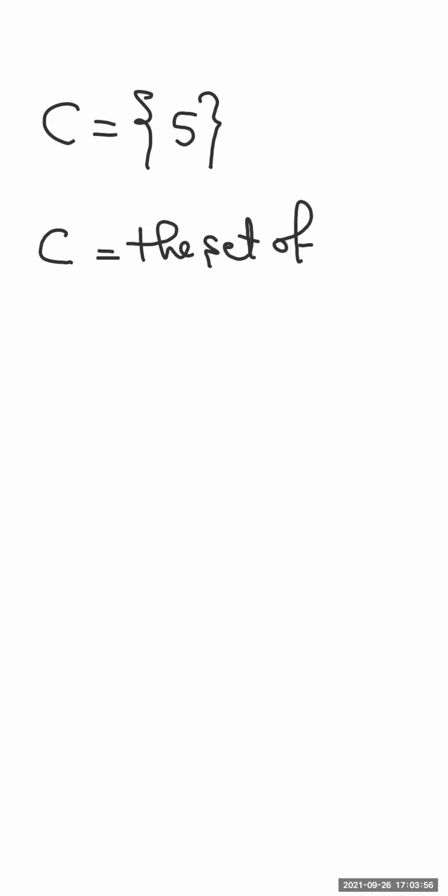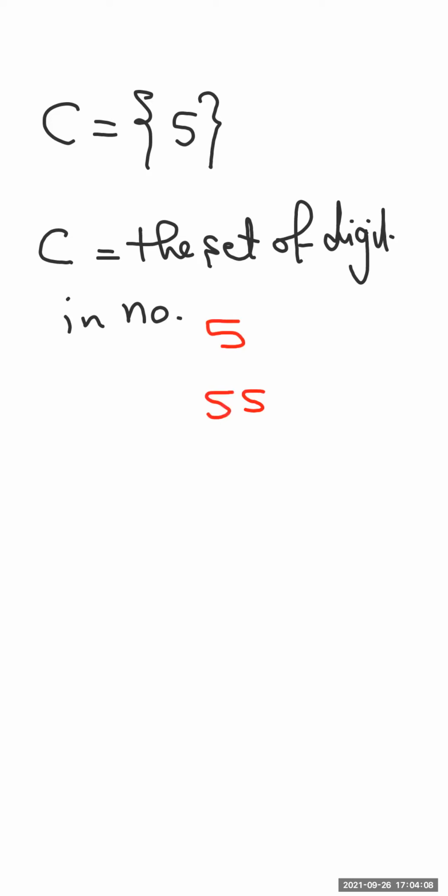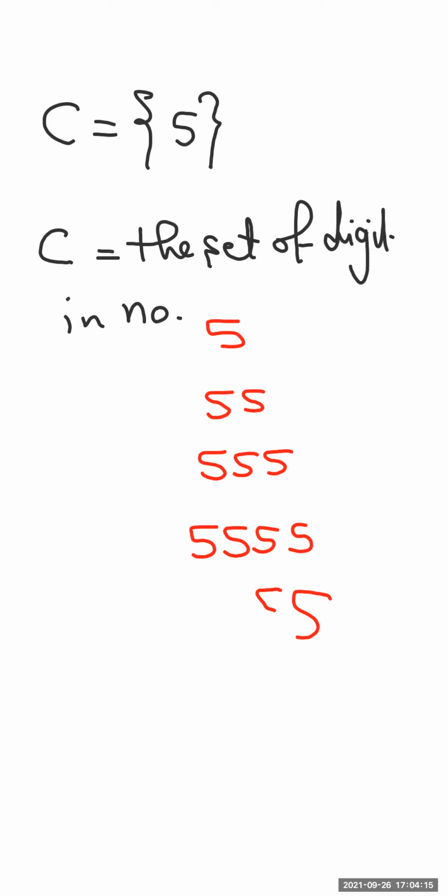If the question is like that, guys, C equals the set of 5, only one number. So I can say that C equals the set of digits and number. Write down whatever you want: 5, 55, 555, 5,555, all this, even if it's like that.